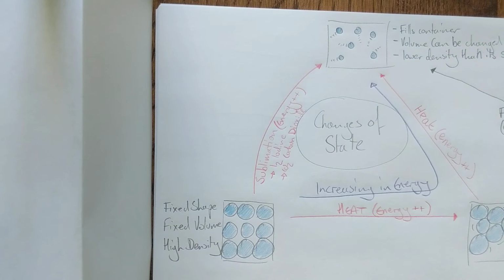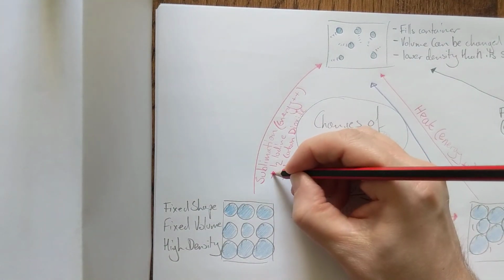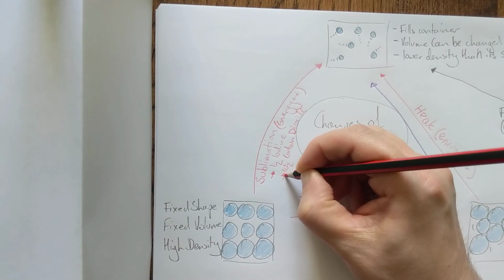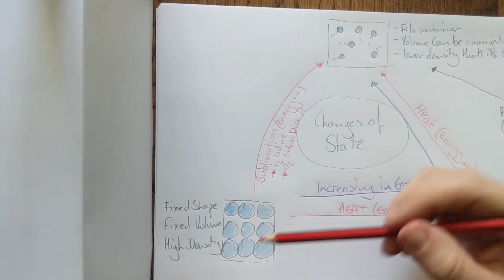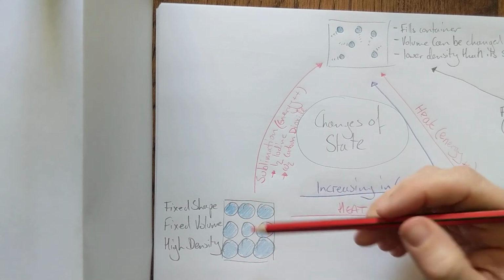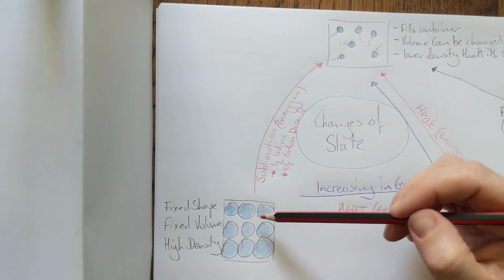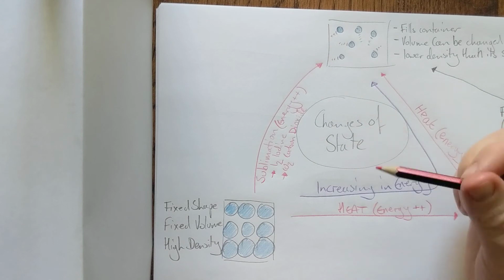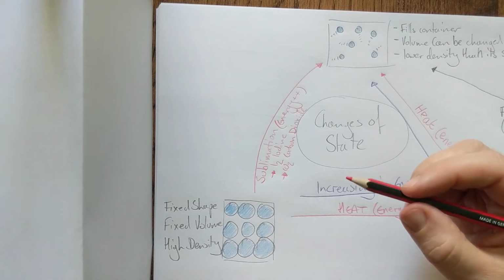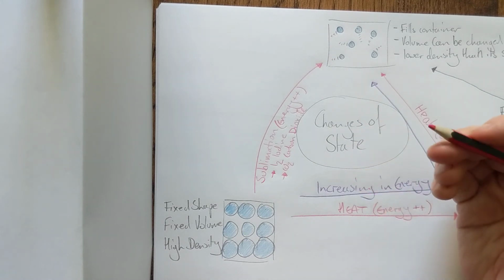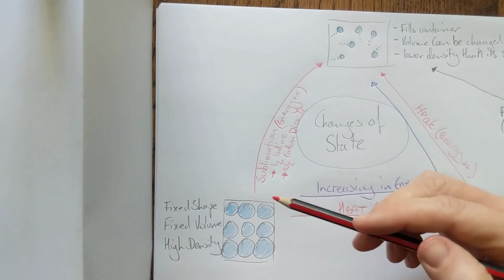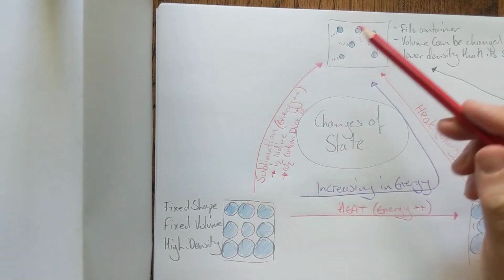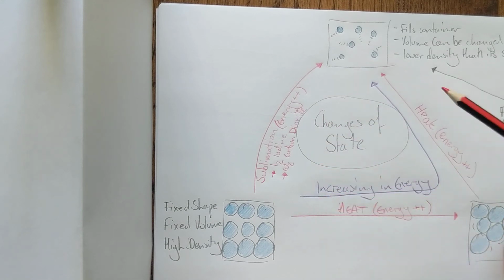If you've seen a smoke machine, some smoke machines use carbon dioxide and they just have solid carbon dioxide in them. It's left to warm up because it has a boiling point of around minus 70 degrees C, I believe, and that will then turn directly from a solid into a gas. That's called sublimation.